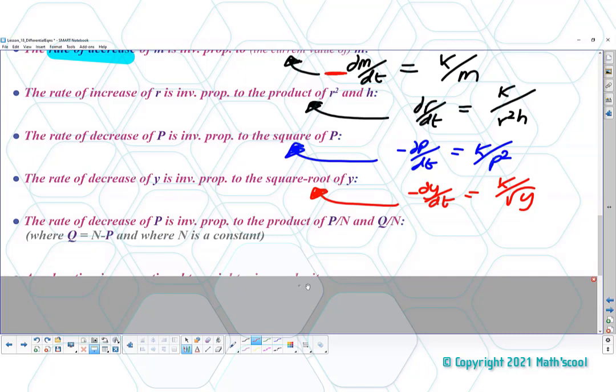The rate of decrease of p is inversely proportional to the product of p over n and q over n, where q is n minus p and where n is a constant. It looks very wordy and complicated, but it's no harder than any of the other ones we've done.